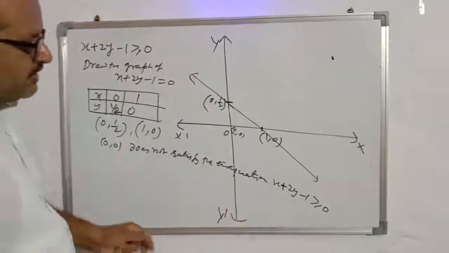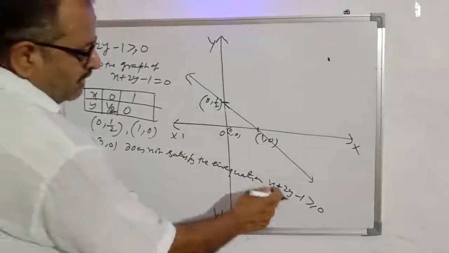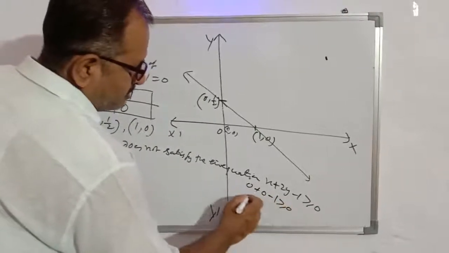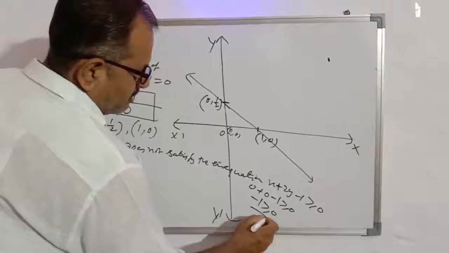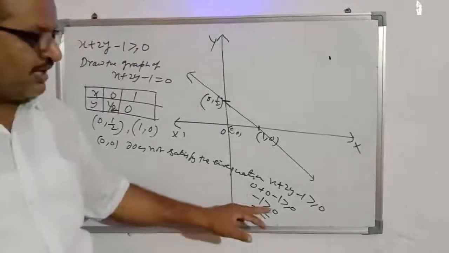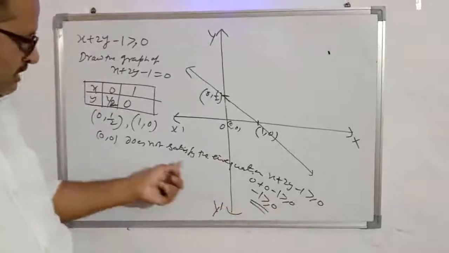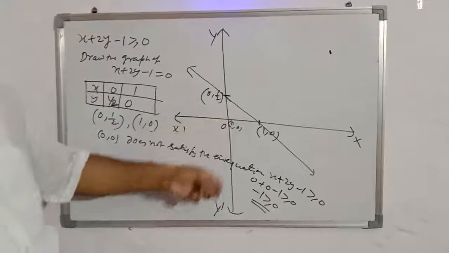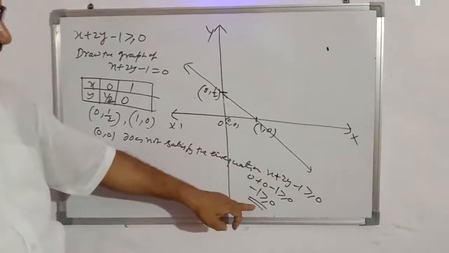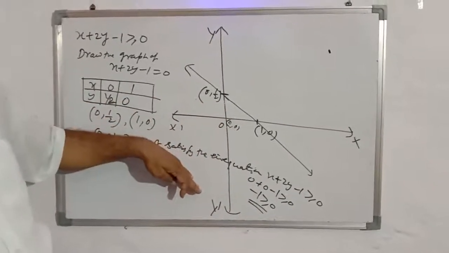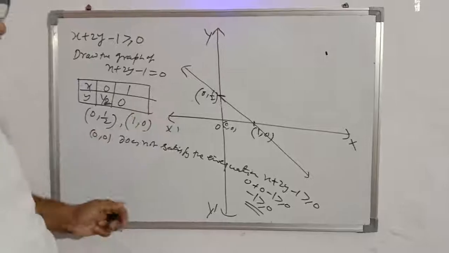How does it not satisfy? Put x equal to 0, y equal to 0, we get 0 plus 0 minus 1 greater or equal to 0, that is, minus 1 greater or equal to 0. Minus 1 cannot be equal to 0 or greater than 0. It means the origin does not satisfy it, so the lower region is not our solution. The upper region will be the solution region.